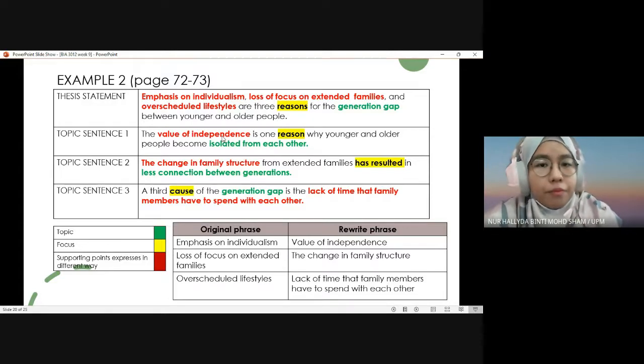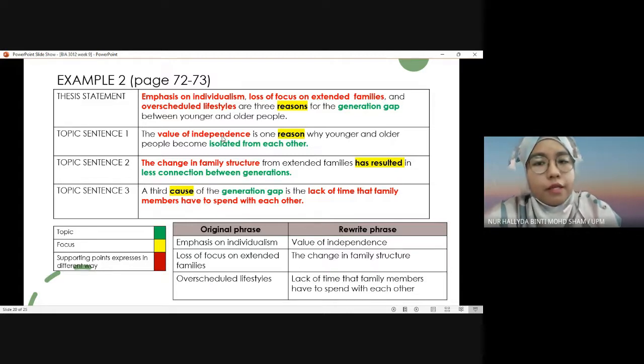So it's very common in Western culture, where as soon as they turn 18, they would quickly leave home. They would be independent, find out what they want to do, find their own job, and further their study and such. So the level of individualism is high there, especially among younger generations as compared to older generations.